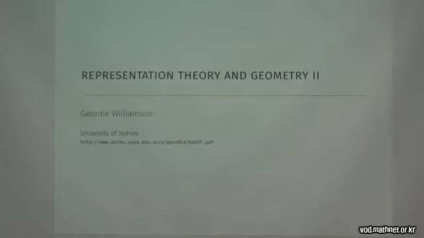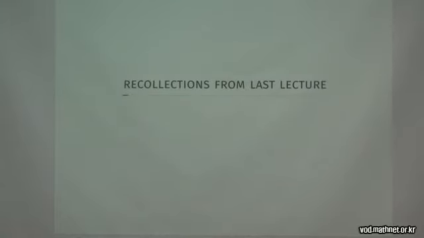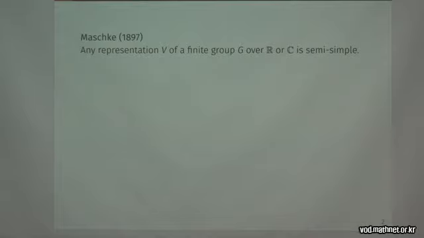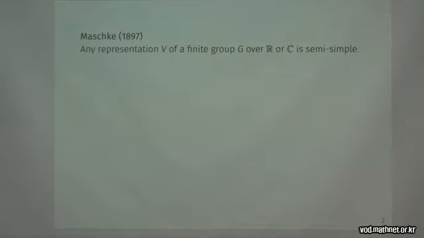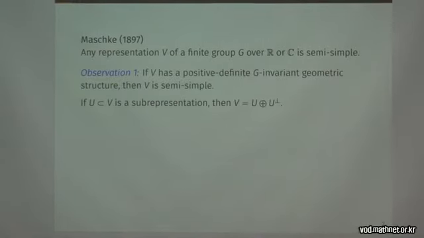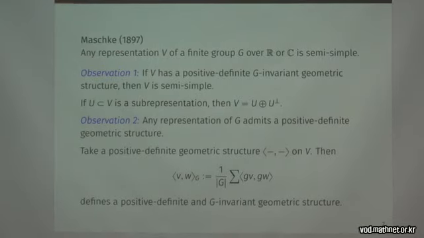Okay, so let us recall some things from last lecture. I explained this theorem. This is very important because it's some kind of guiding principle for everything that we're doing: that the representation theory of a finite group over the real numbers or over C is semi-simple. I explained the proof, which I won't go over again, but I recall these two basic points.